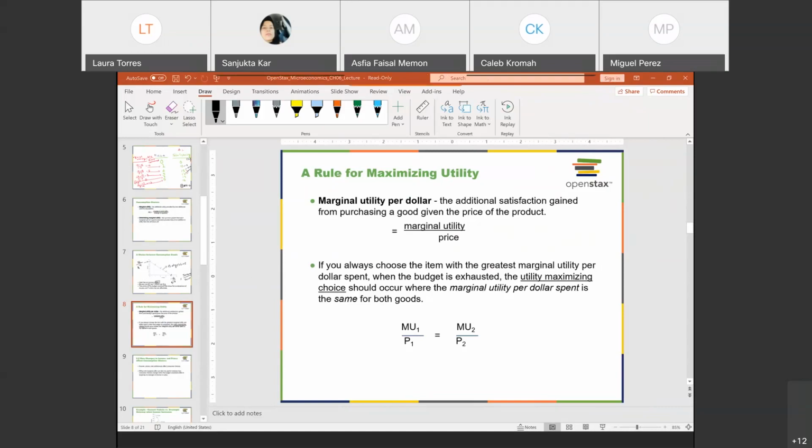All right. Let's say we have one consumer and the consumer has a choice between two goods, and how will the consumer choose its goods? There are two rules for utility maximization. Here it says a rule, but we really have two rules.